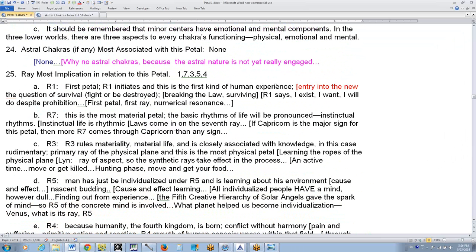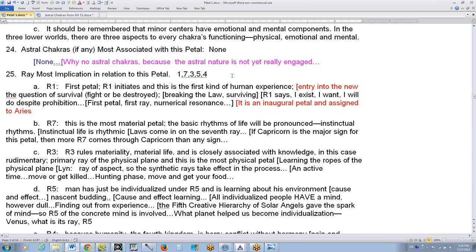But let's just say that ray 1 will be connected. It is an inaugural petal and assigned to Aries. At least I've assigned it there. And thus connects to ray 1.